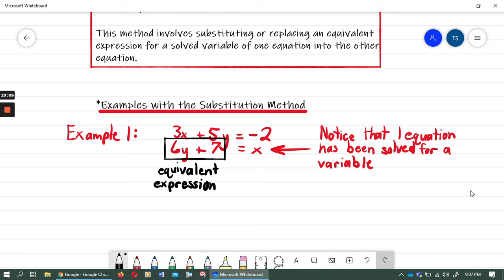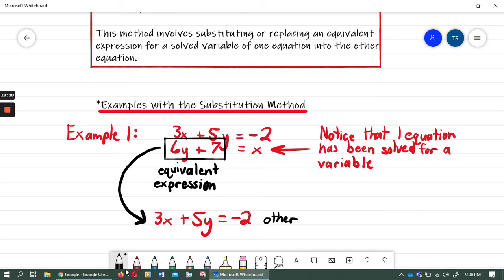Go back. There we go. That other equation is 3x plus 5y equals -2. So we're talking about substituting this equivalent expression into this other equation. In other words, into the equation that hasn't been solved for a variable, right? The other equation that hasn't been solved for a variable.